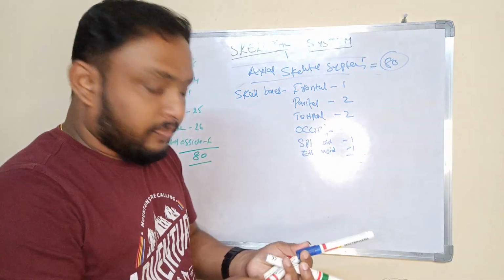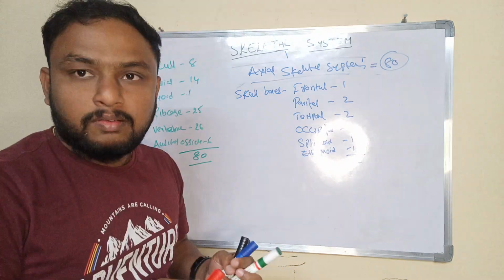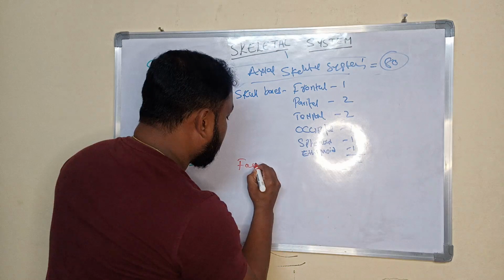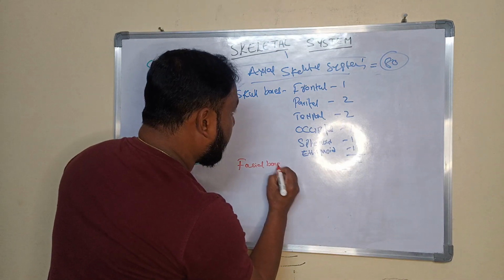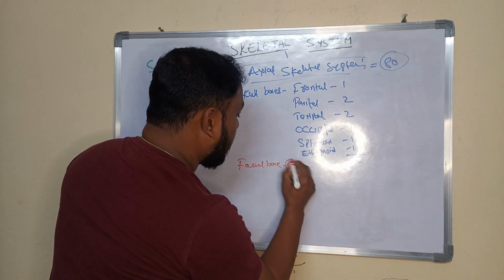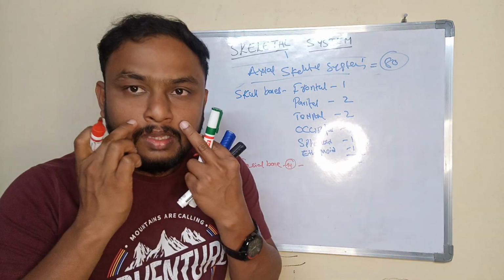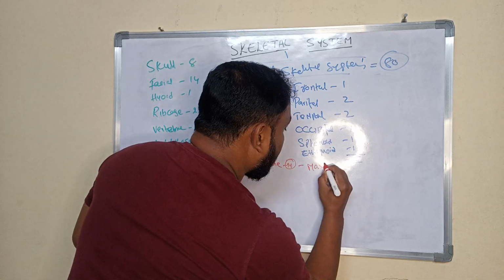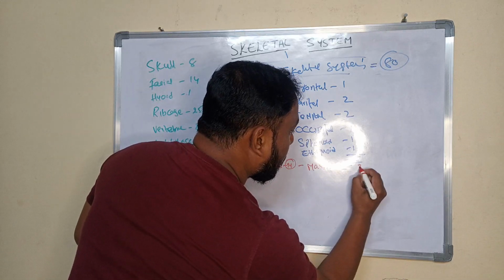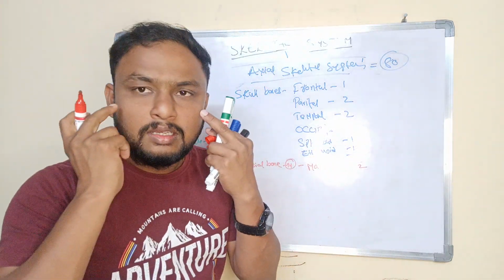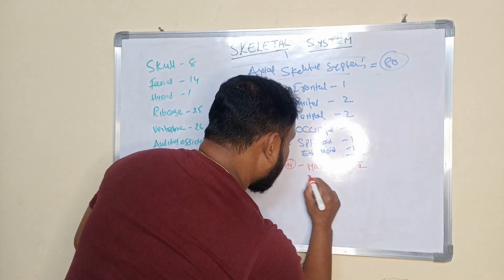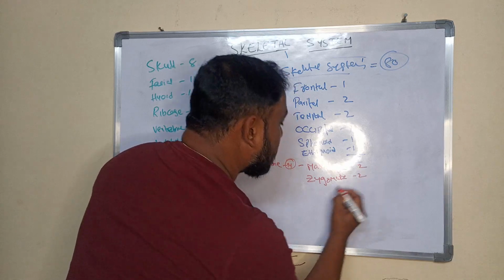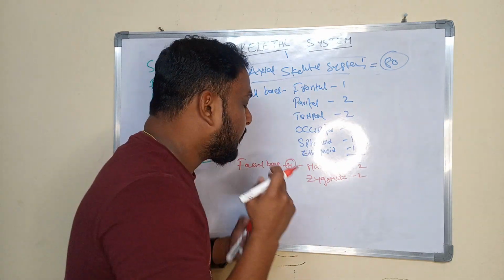Next we will see the bones present in the face. There are 14 facial bones. Starting from here, maxillary bones, 2, one on each side, and zygomatic bones, 2, one on each side.